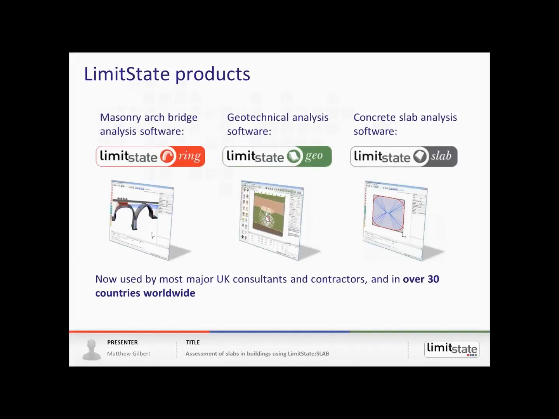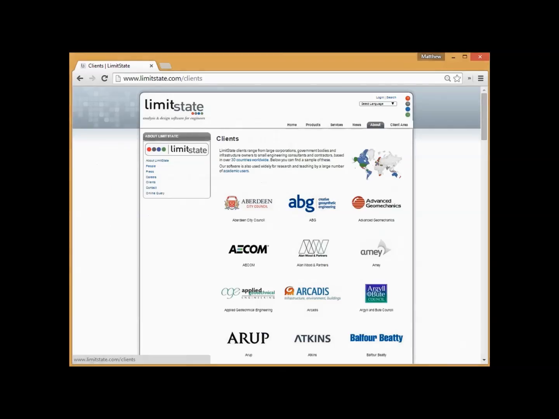Currently, the portfolio includes 3 main engineering analysis products: LimitState Ring for masonry arch bridge assessment, LimitState Geo for geotechnical analysis, and LimitState SLAB for concrete slab analysis. The software tools are used widely in the UK and also in 30 countries or more worldwide.